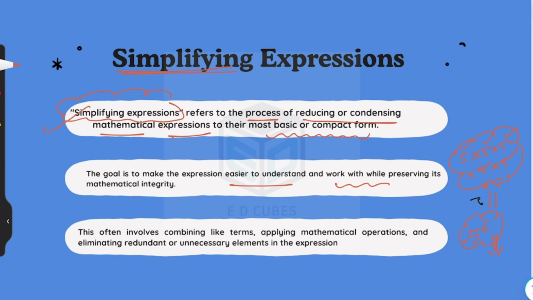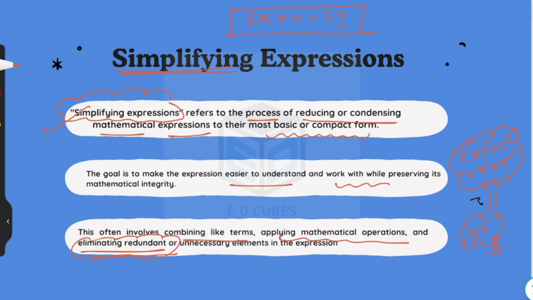Now, simplifying often involves combining like terms, applying mathematical operations, and eliminating redundant terms. Redundant means a term which is of no use. For example, there is an expression, let's say 2x plus 0 minus 3y. We know that 0 doesn't change the value when it is added or subtracted from any value.